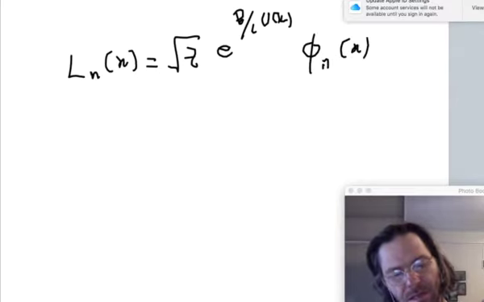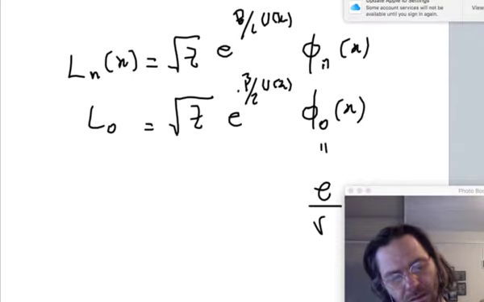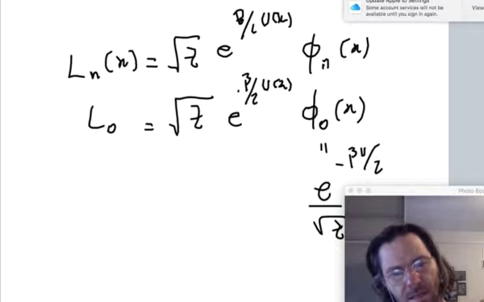In particular, since the Hermitian eigenmode for the ground state is the root of Boltzmann, then clearly L naught was 1.